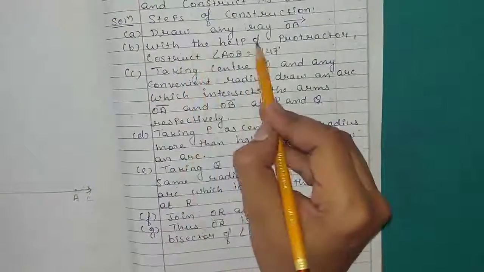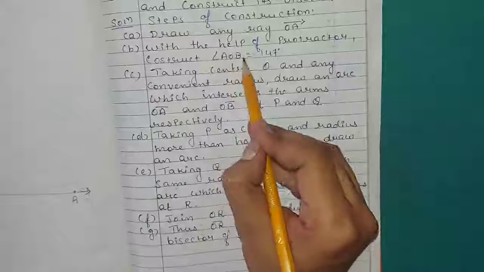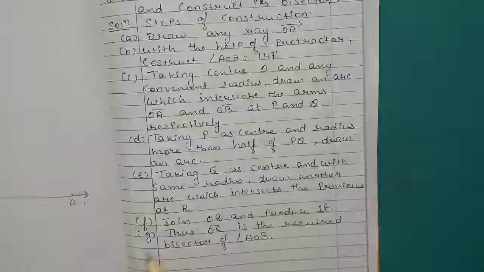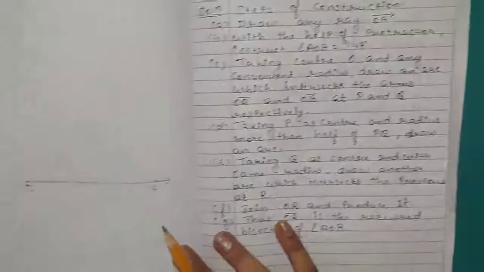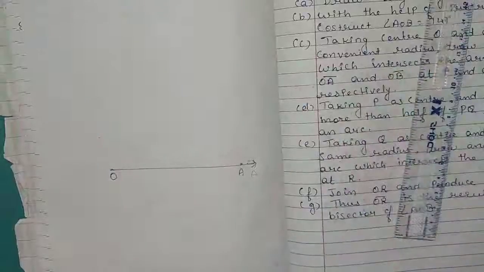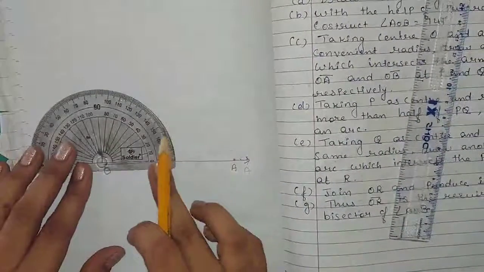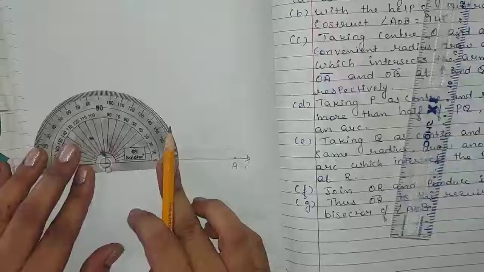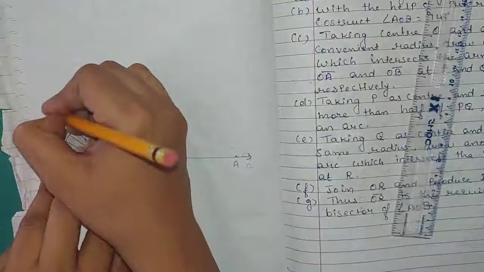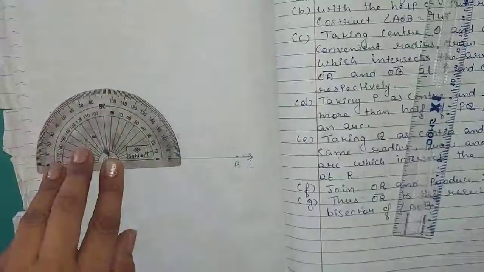With the help of a protractor, construct angle AOB equal to 147 degrees. So here we have to construct 147 degrees with the help of a protractor. Let us put the center of the protractor on O and then 147 is marked over here.